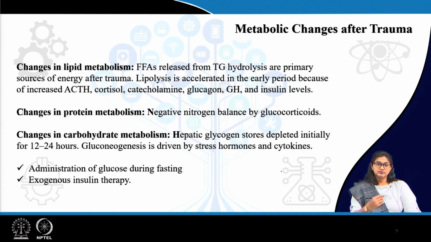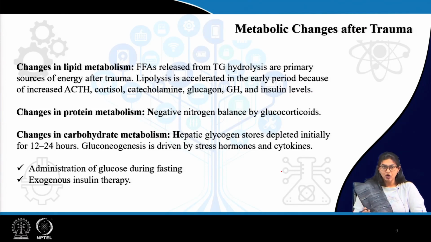In carbohydrate metabolism, because there is a phase of insulin resistance, first the glucose will try to come from hepatic glycogen. So, the glycogen stores will be depleted. Not only after that, but simultaneously there is energy provision from free fatty acid oxidation.